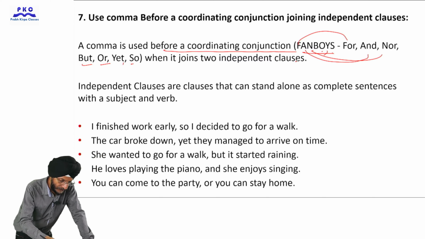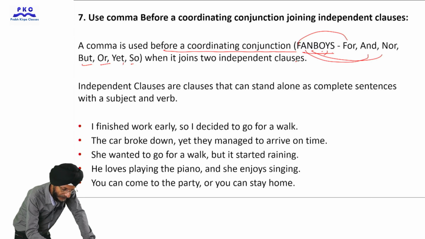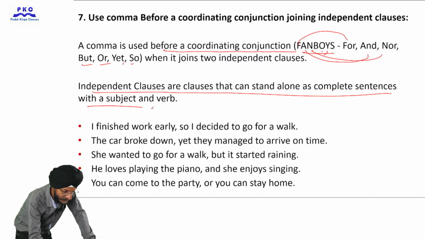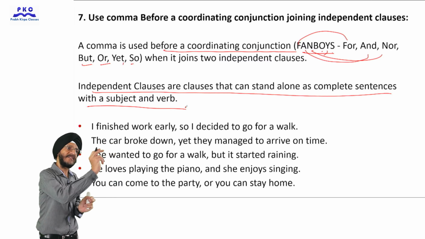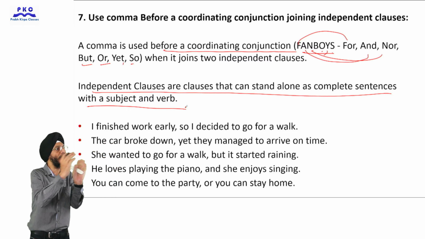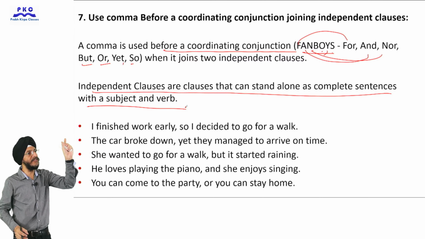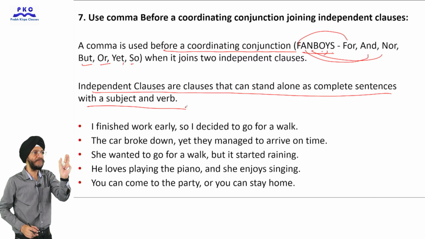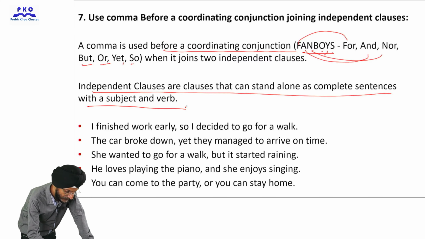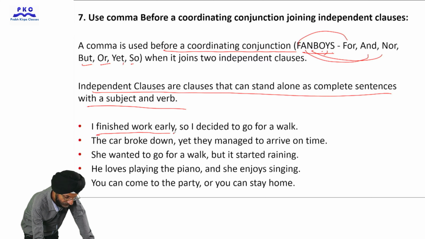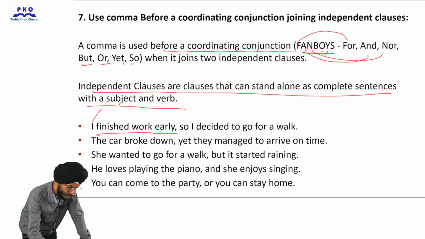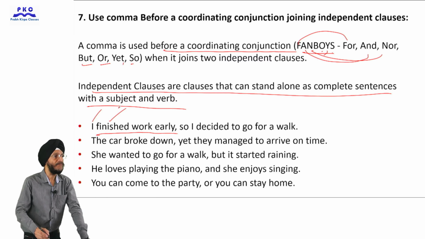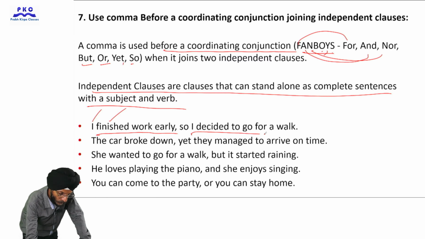We understand the same with the help of an example. Independent clauses are clauses that stand alone as complete sentences with a subject and a verb. That is, each independent clause has a subject as well as a verb of its own, and the independent clause is a complete sentence in itself. I finished work early. It is a complete sentence. It has a subject, it has a verb of its own. I decided to go for a walk.